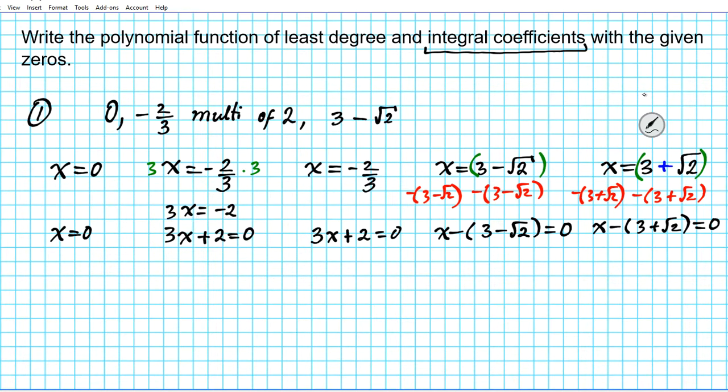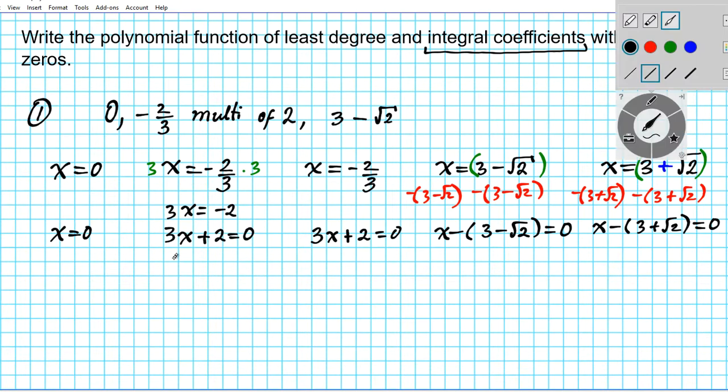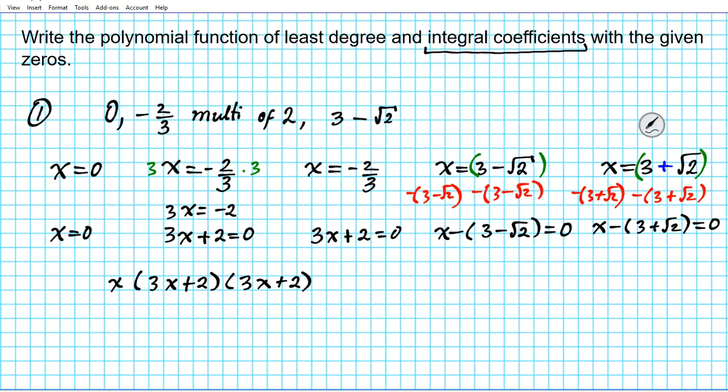So if we do that, we're going to get x times the quantity 3x plus 2 times the quantity 3x plus 2 times x minus the quantity 3 minus root 2 times x minus the quantity 3 plus root 2 equals 0.